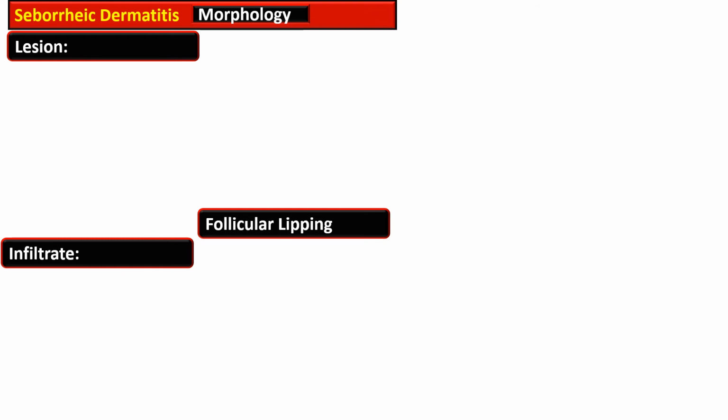Blood vessels in the superficial vascular plexus are dilated and there is a mild superficial perivascular infiltrate of lymphocytes, histiocytes, and occasionally neutrophils. Some exocytosis of inflammatory cells is there, but not as prominent as in nummular dermatitis.